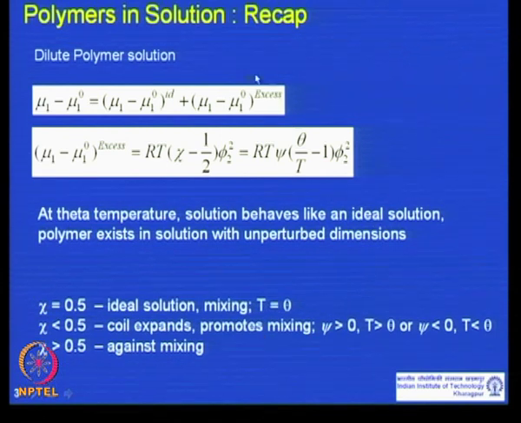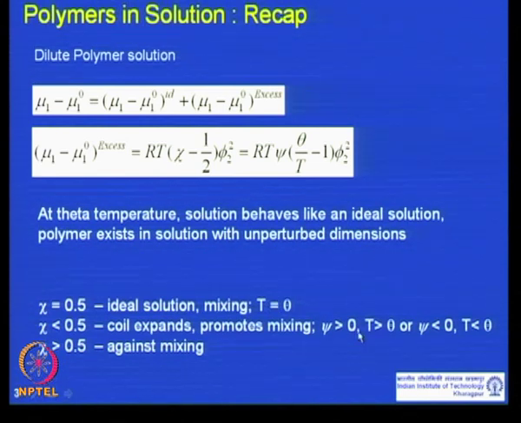To have this term negative for a positive entropy parameter, T has to be higher than the theta temperature to have mixing, whereas if the entropy factor is negative, then T has to be lower than the theta temperature for mixing to be possible. In the reverse case, where chi is higher than 0.5, it acts against mixing.